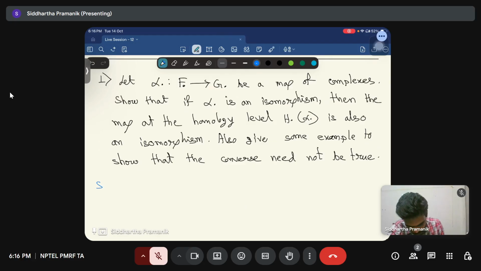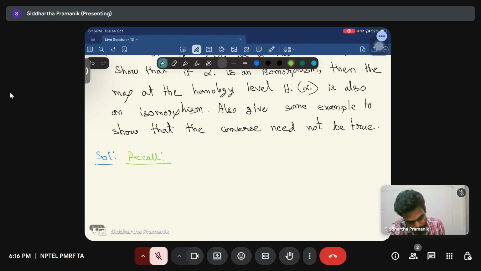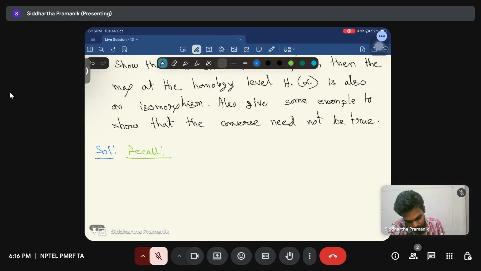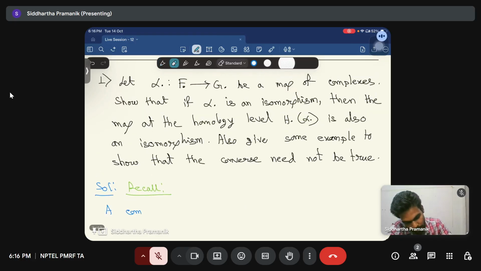So okay, first, I should recall the terminologies so quickly. So let's recall the definitions. So first, I will recall complex, map between complex. So the first definition is complex, so that I don't need to recall it again and again.